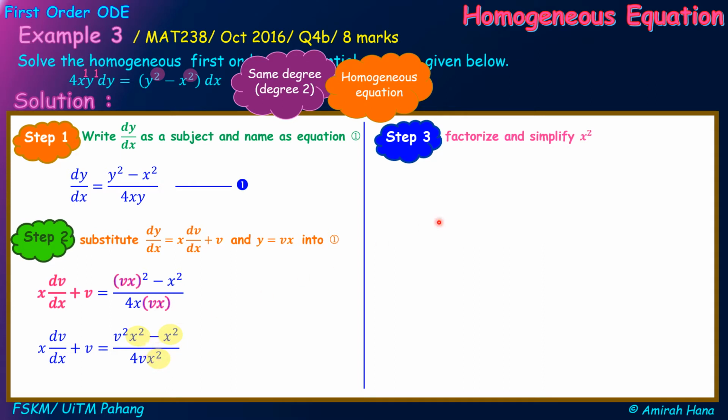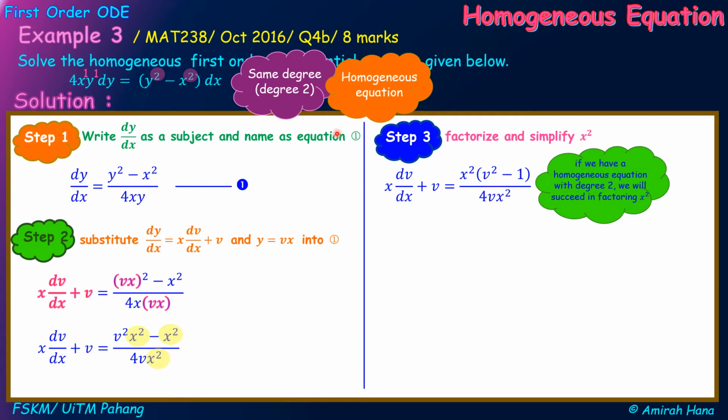So we can factorize and simplify x squared. On the left hand side, we still have x dv over dx plus v equals, we factorize x squared, so we get x squared times in brackets v squared minus 1 over 4v x squared.